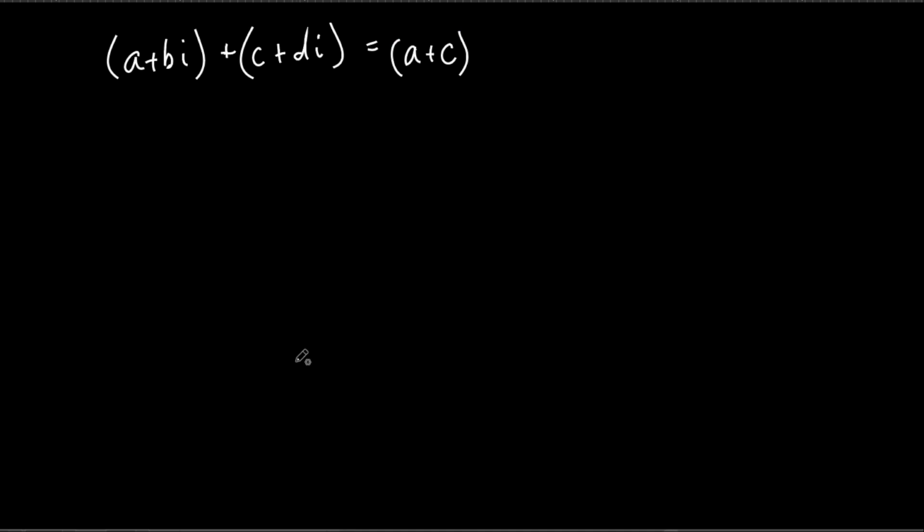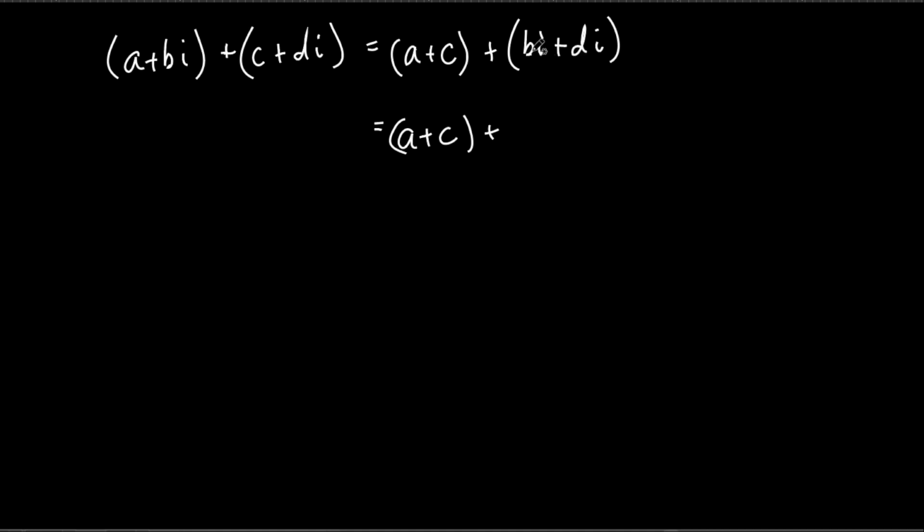Now I need to add the imaginaries together, all right? So I've got a bi plus a di. So what can I write there? Plus bi plus di. But we're not going to write it just like that. For a complex number, we want that i sitting out there by itself. So let's make it a little bit nicer. What does this have in common?